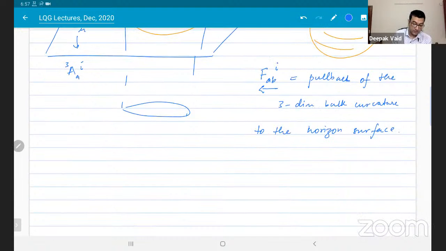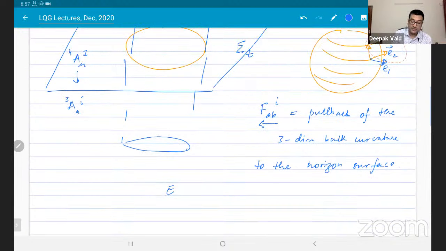And you have another quantity which is formed by these triad fields.